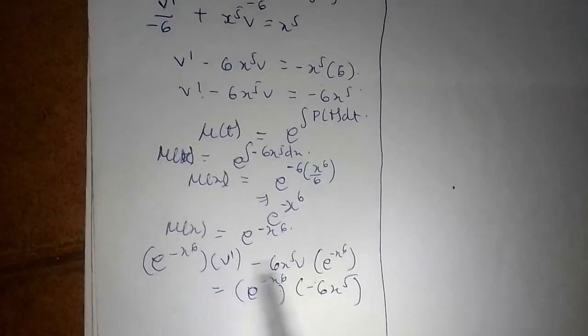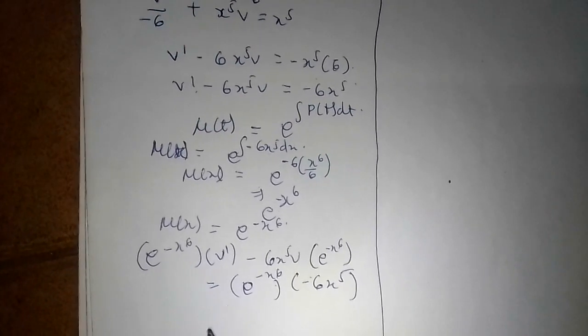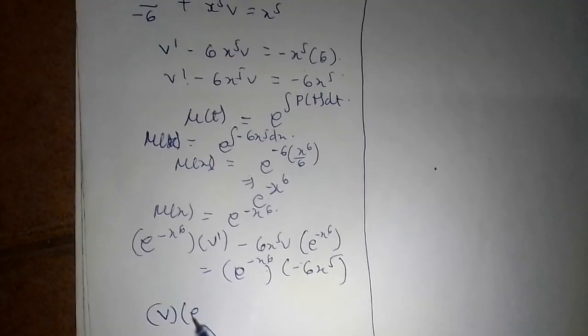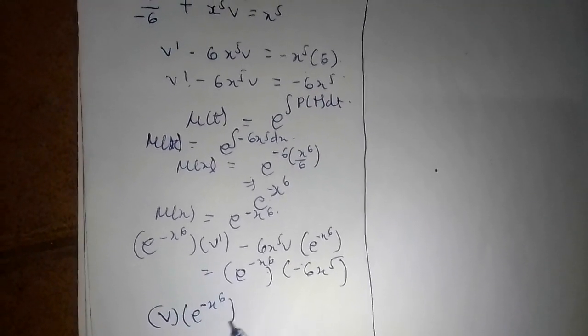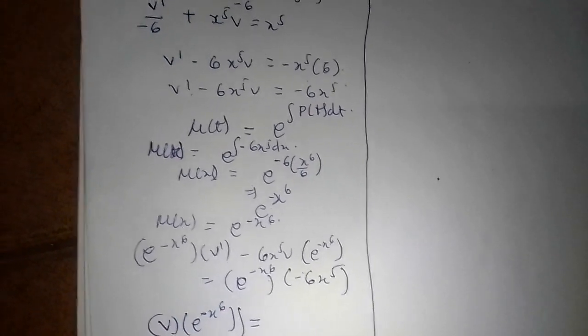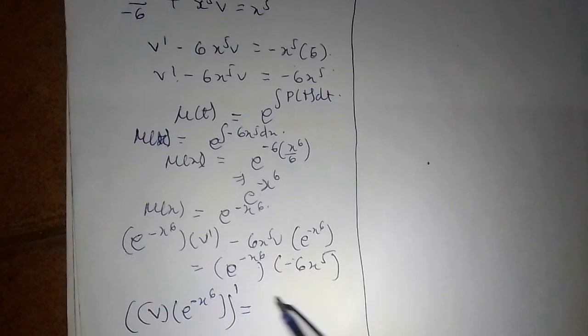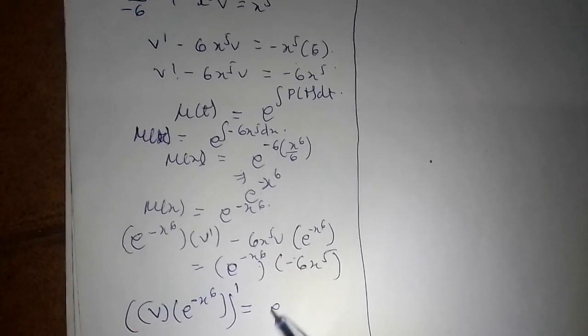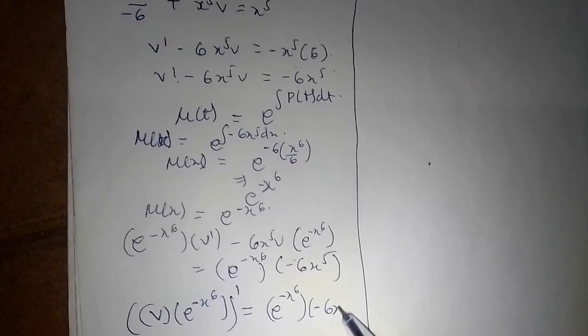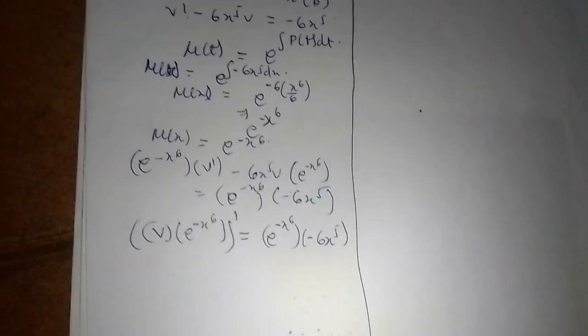That makes this whole part turn into a product rule. So I'm going to get v multiplied by e to the power negative x to the power 6, all prime, to be equal to e to the power negative x to the power 6 multiplied by negative 6x to the power 5. Simply like this.